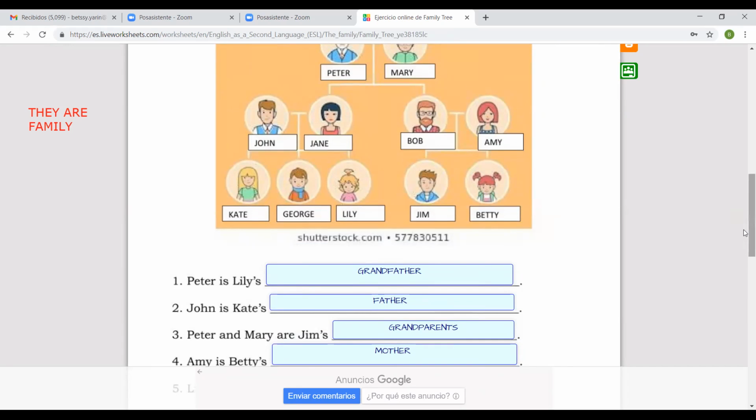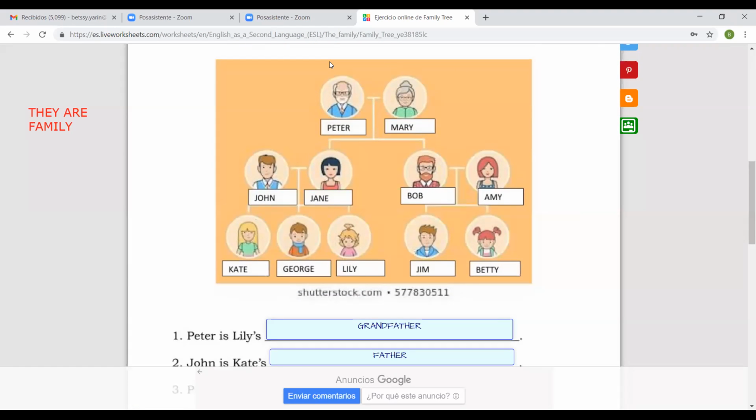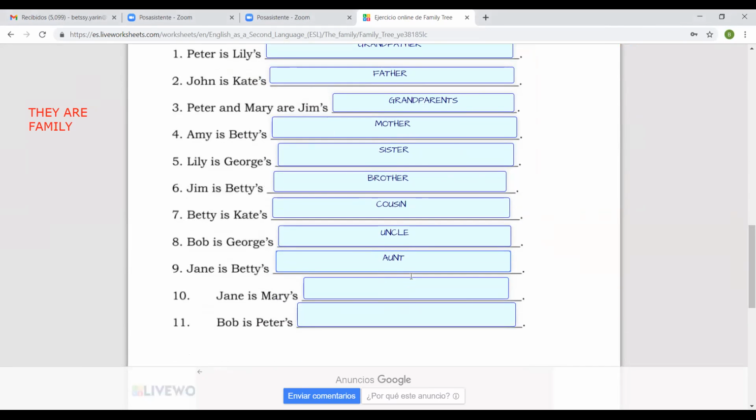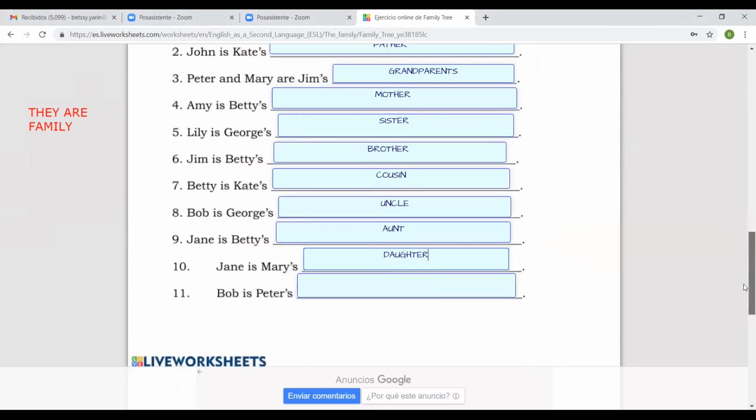Are you sure, my dears? Jane is Mary's, their daughter, yes, and their son. Yes, okay, so this is daughter, very good. And finally, Bob is Peter's son. Excellent. Okay, very good.